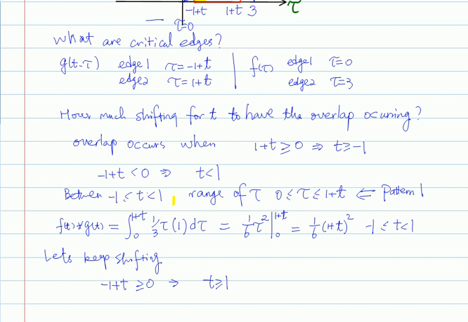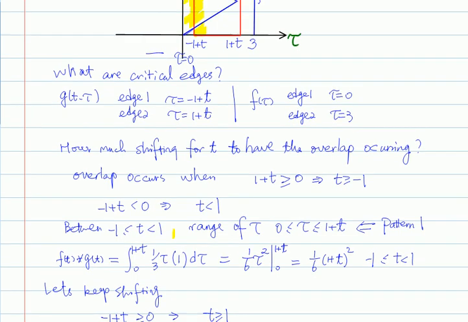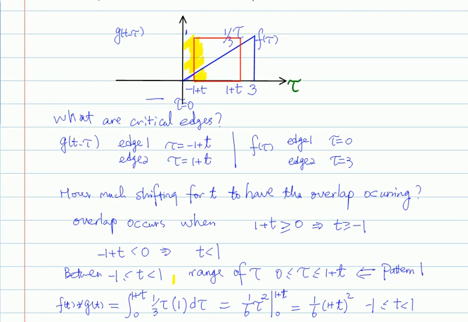And that's a continuation of the previous value here. At the same time, if you observe, I'm going to keep this edge, tau equal to 1 plus t, on the left side of the edge tau equal to 3.